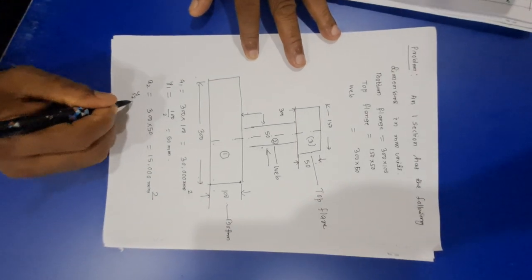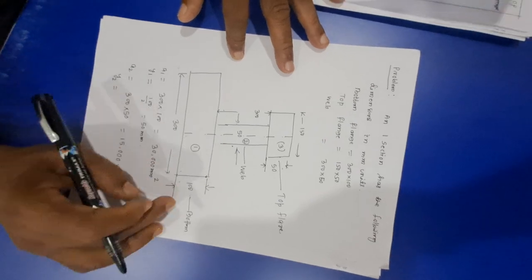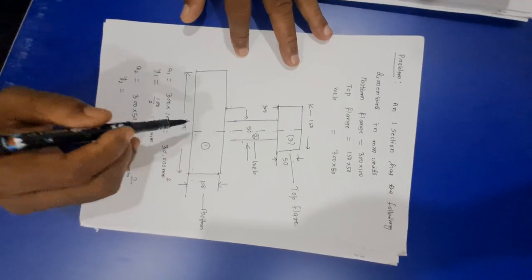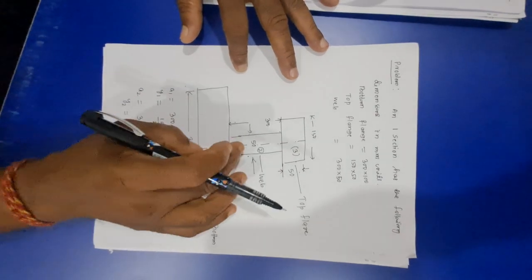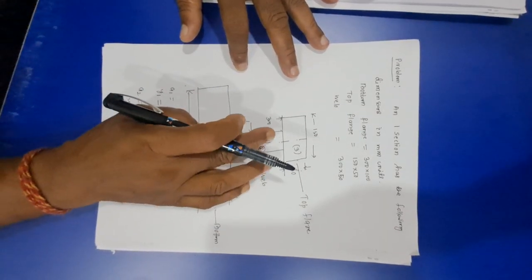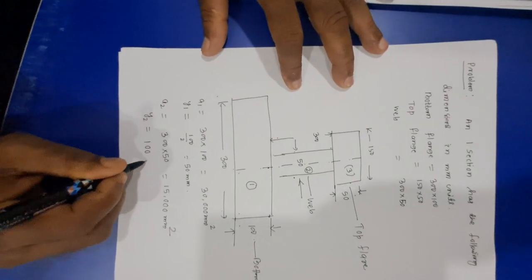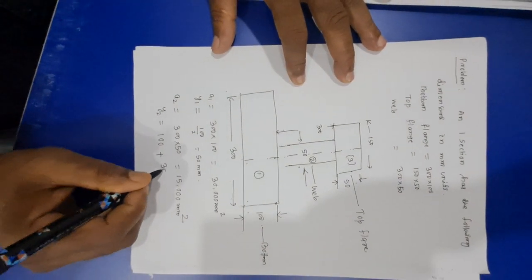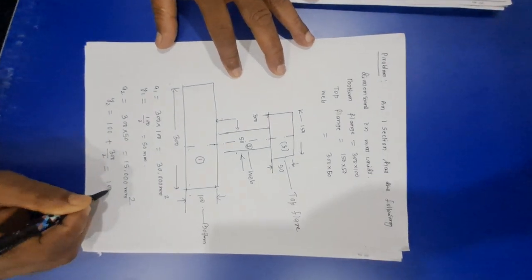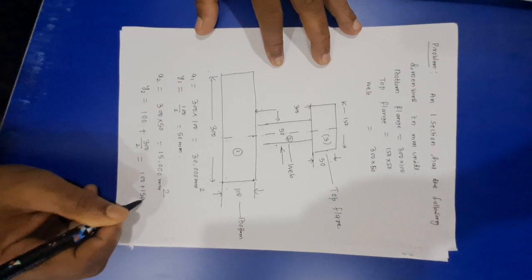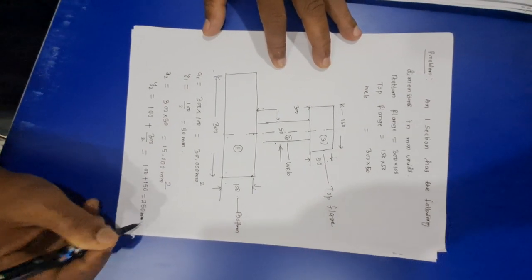Then y2 is equal to... First, this height is constant and this height is divided by 2. Therefore, y2 is equal to 100 plus 300 divided by 2 is equal to 100 plus 150 is equal to 250 mm.